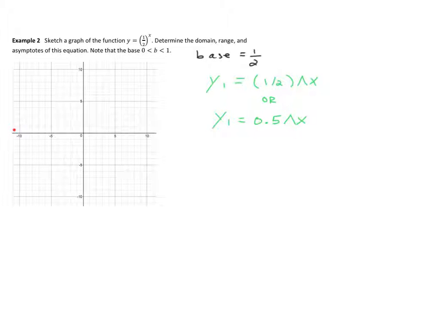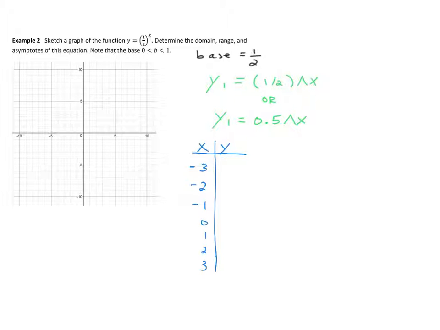This time, the graph didn't start down here and go up this way. In fact, it's kind of the opposite, where I see it drop down like this and then get smaller as we go in this direction. So I'm going to go right to my table and just get some values to see what's going on here. I think I could still use the same ones from last time, -3, -2, -1, 0, 1, 2, and 3.